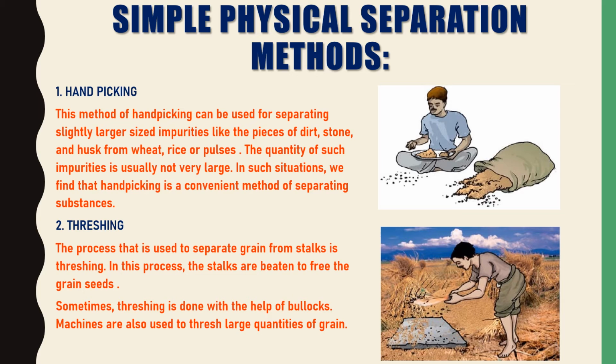The process used to separate grain from stalks is threshing. In this process, the stalks are beaten to free the grain seeds. You can see over here in the diagram, the farmer is doing that. Sometimes threshing is done with the help of bullocks. Machines are also used to thresh large quantities of grain. So this is hand picking and threshing.